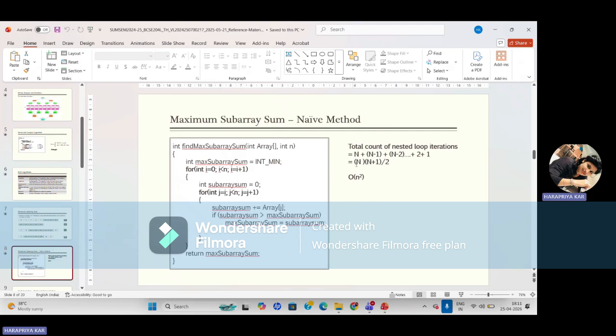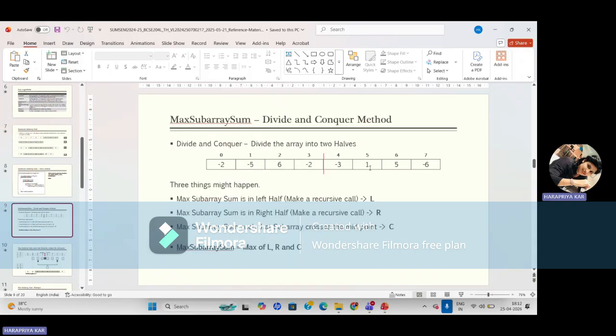Next, you can see the maximum sub-array sum divide and conquer method. We studied the naive method, but the maximum sub-array sum can also be solved with the help of divide and conquer. In divide and conquer, we divide the array into two halves. Three things might happen.